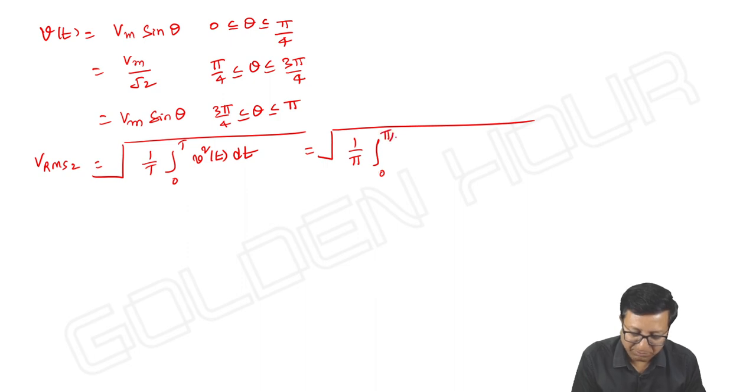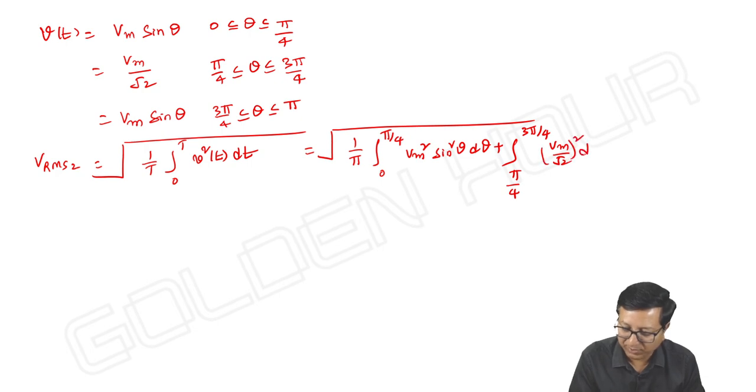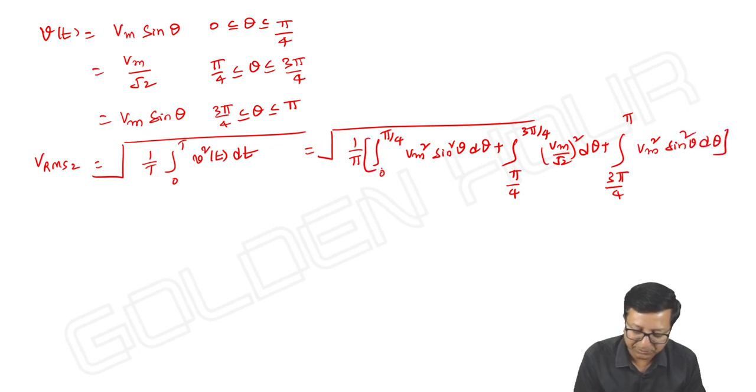So 0 to pi by 4 Vm square sine square theta d theta, plus pi by 4 to 3 pi by 4 Vm by root 2 whole square d theta, plus 3 pi by 4 to pi again Vm square sine square theta d theta.